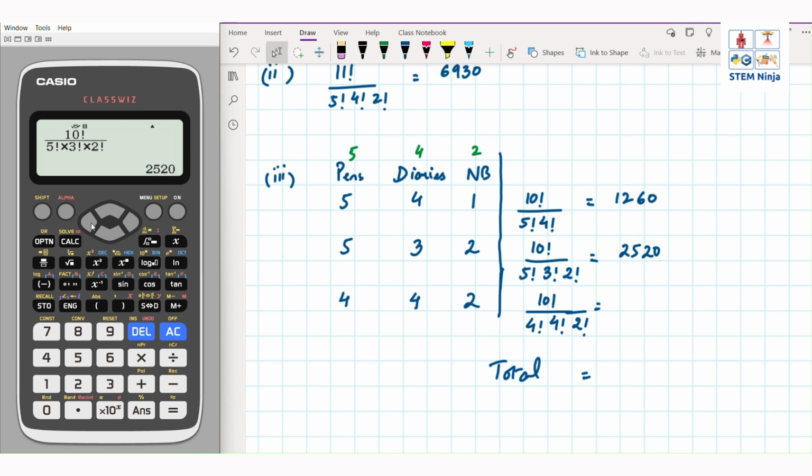Similarly, we have 4, 4, and 2, which gives 3150. So 3150 plus 2520 plus 1260, we get 6930.